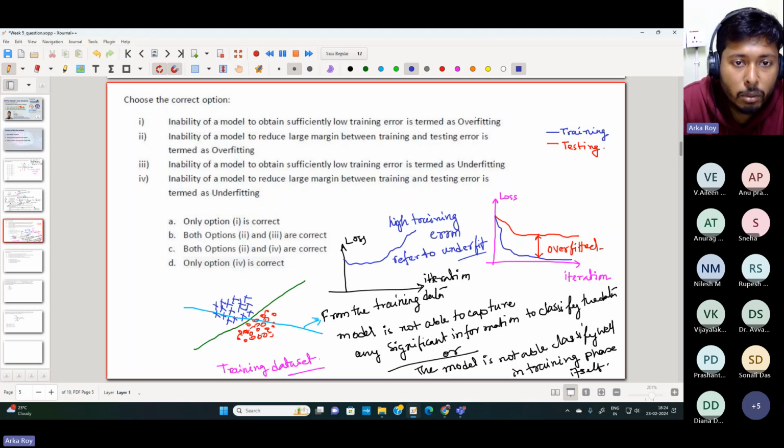Then, inability of a model to reduce large margin between training and testing error is termed as overfitting. We can observe that the model is not able to reduce the margin between testing error and training error, and there is a substantially large gap between the error values in training and testing. So this is called overfitting. So this particular option is correct.